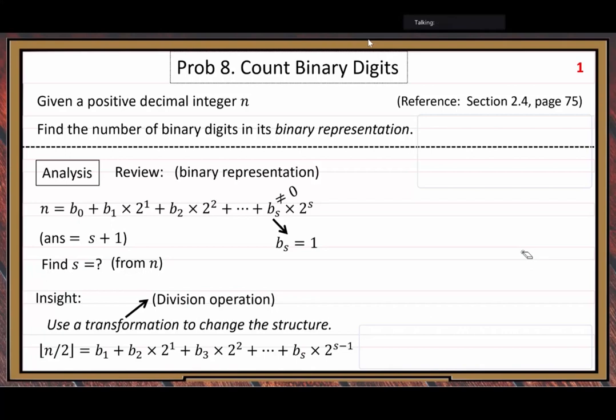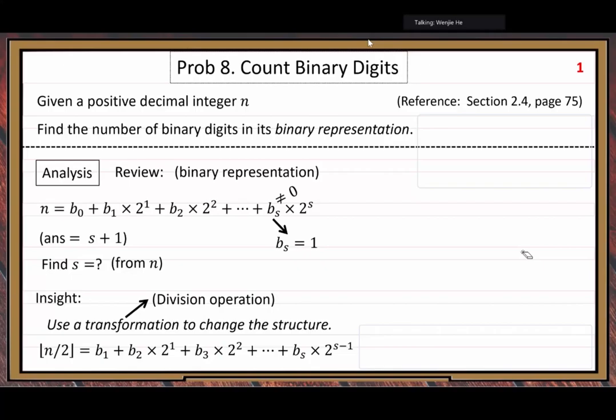So after this transformation, you get a new binary representation, but this time it is a binary representation for the floor of n/2. The current binary representation.